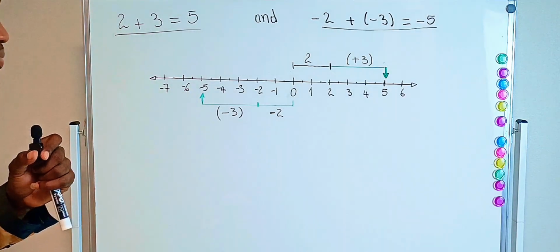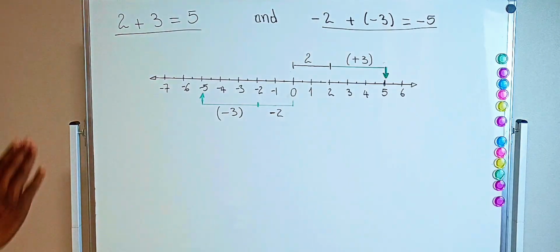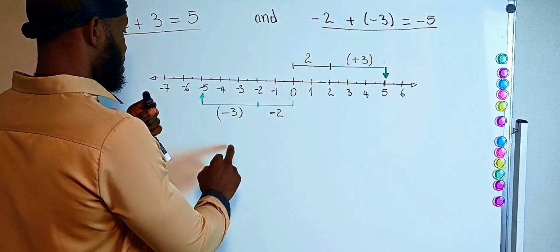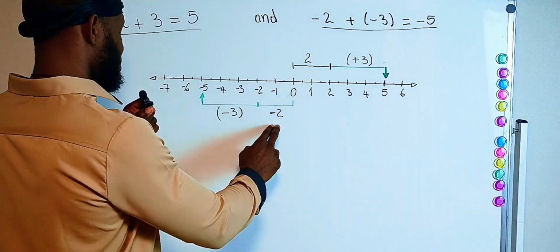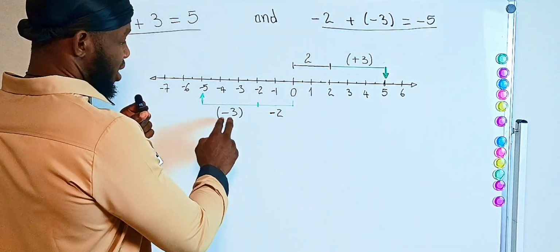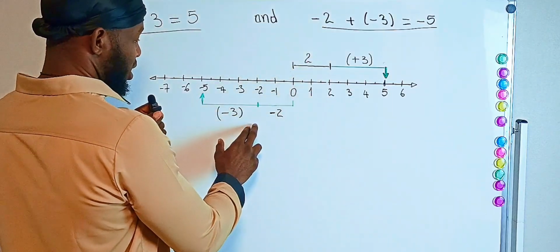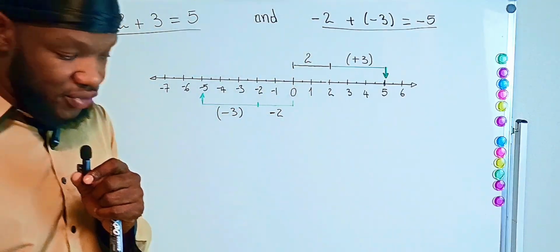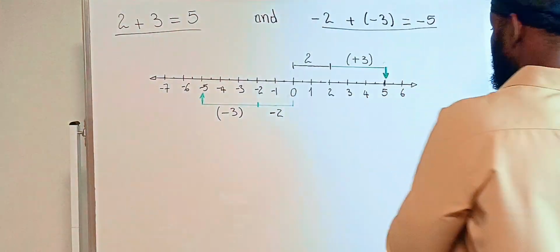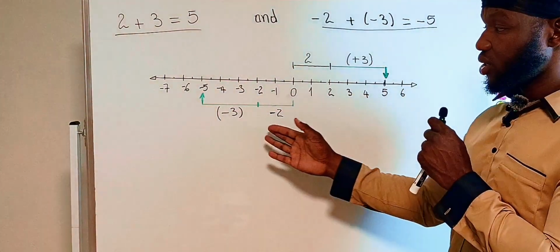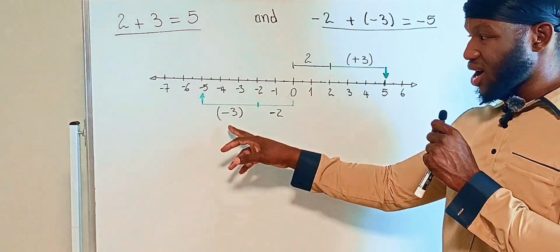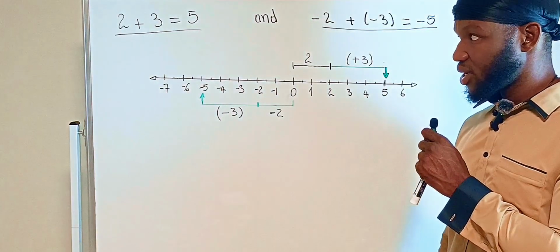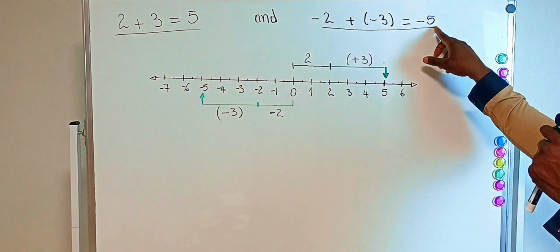Okay, what you can see is that they both have the same sign. They're adding two numbers with the same sign. What you see, it's like they added and they keep the sign of the original numbers, or the original addends. The addends are negative over here, they keep the negative sign, and the answer is negative.